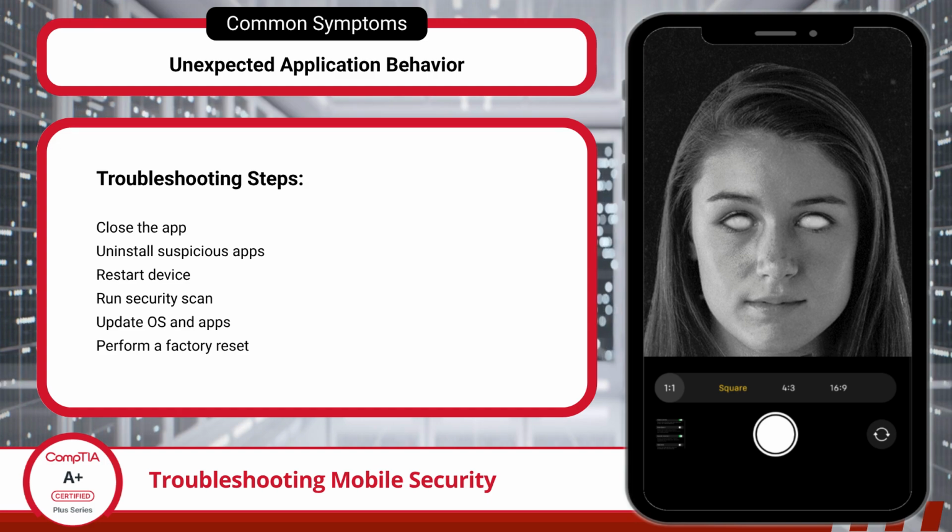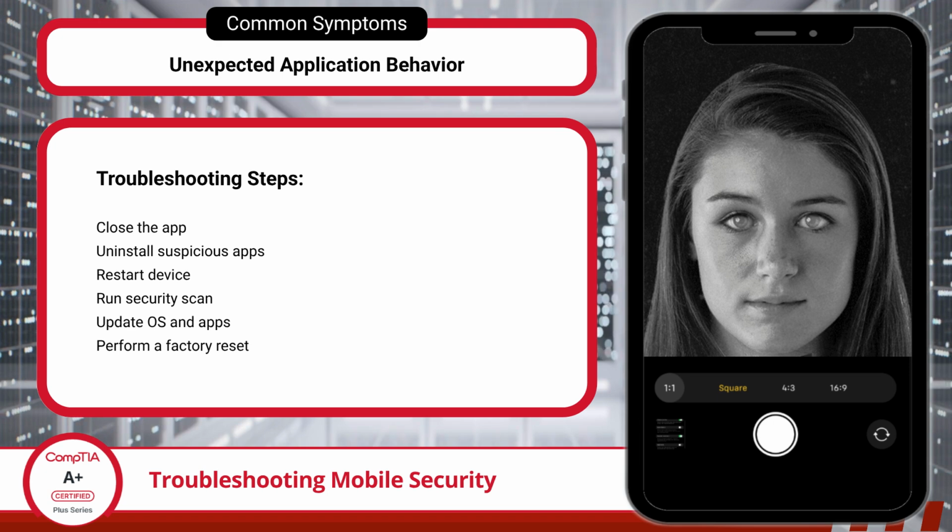If you haven't already noticed, the troubleshooting process for all these issues is pretty similar with just a few tweaks. You might even be able to guess what's coming next, but just to be thorough, here's the troubleshooting breakdown once again. To troubleshoot your possessed app, start by closing it if it's currently open and acting strangely. Uninstall any unfamiliar or recently installed apps that you didn't intentionally add, as they could be causing the issue.